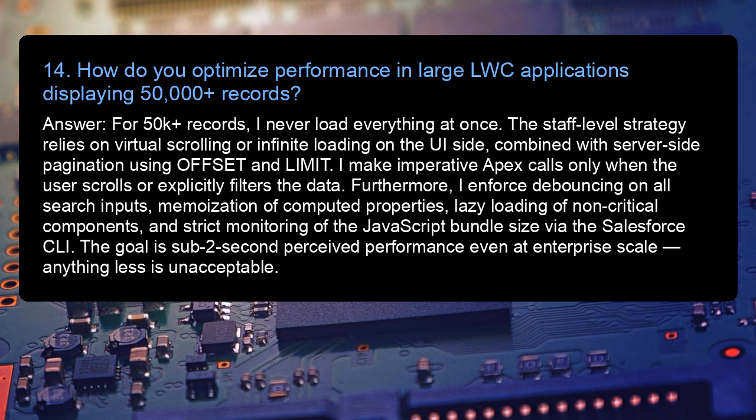Furthermore, I enforce debouncing on all search inputs, memoization of computed properties, lazy loading of non-critical components, and strict monitoring of the JavaScript bundle size via the Salesforce CLI. The goal is sub-2-second perceived performance even at enterprise scale. Anything less is unacceptable.